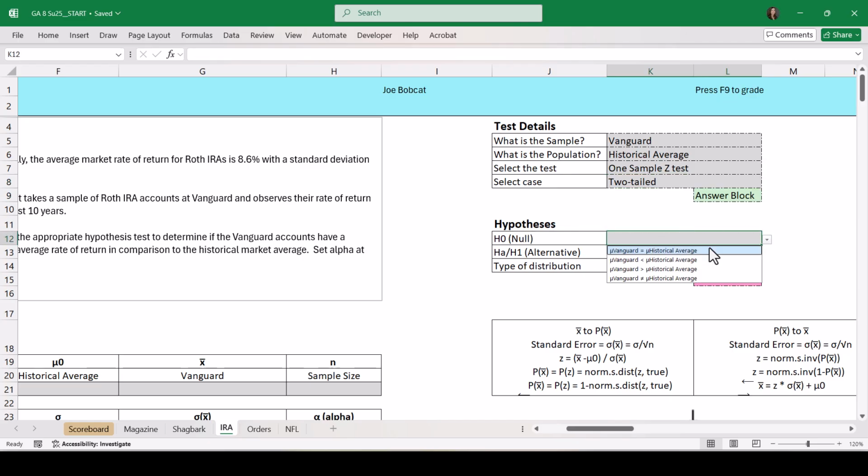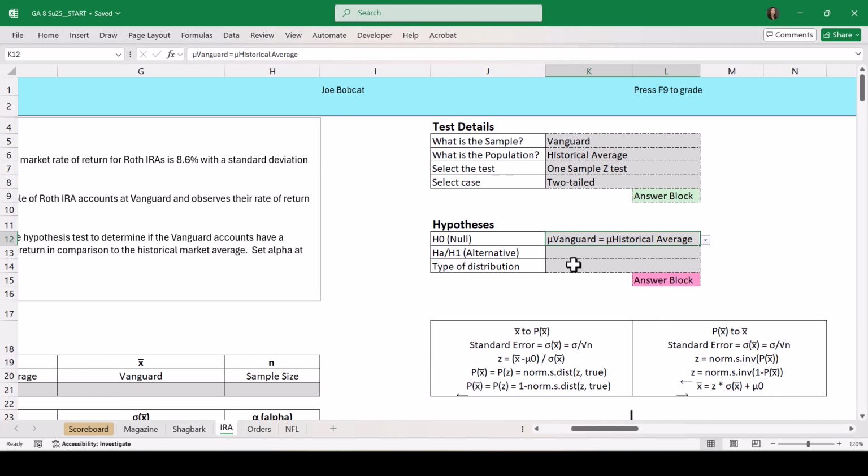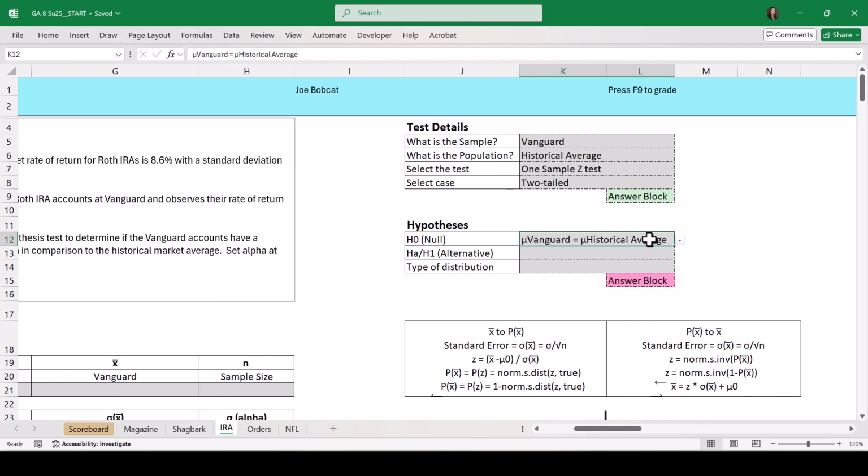All right, the null hypothesis is always that there's no significant difference between the two groups, the two means, or that they are equal. The alternative is the research hypothesis. Again, ours is two-tailed. We're looking for a difference, so we are going to choose the hypothesis that has the unequal sign, right?